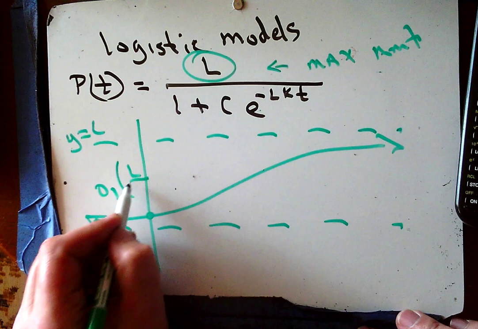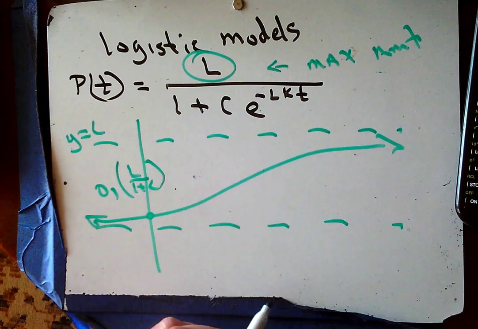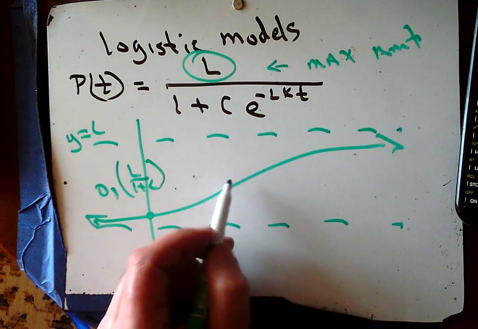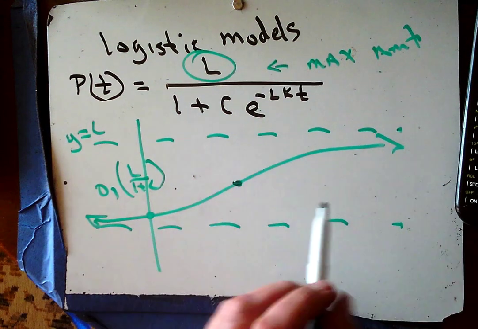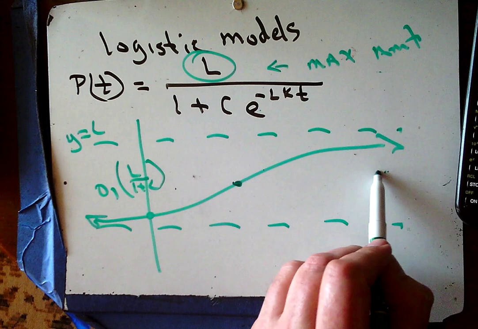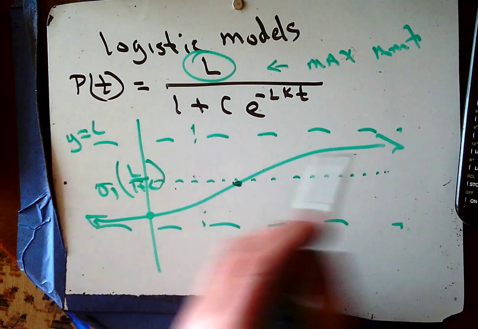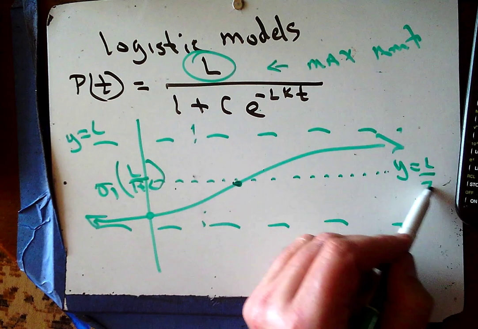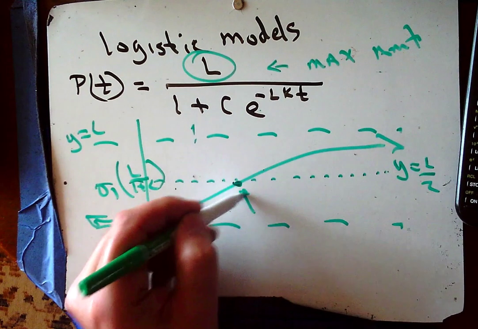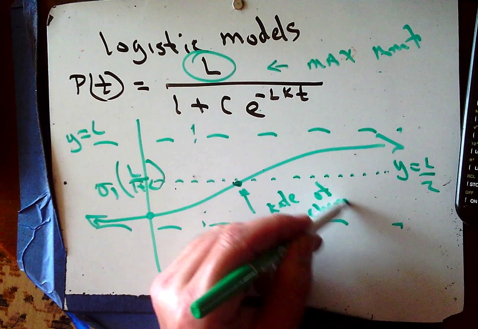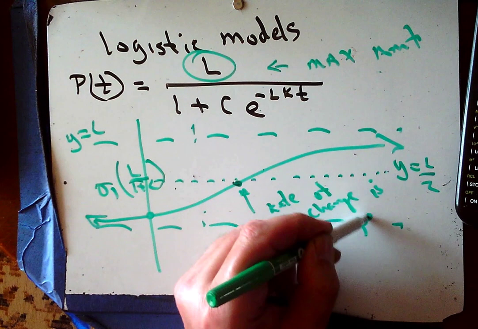And so I get L over 1 plus c. So that's always going to be my y-intercept. And we said yesterday, or in the last video, I'm not sure when you're watching them, that this place here, which is halfway between these, y equals L over 2, this is where the rate of change is greatest.